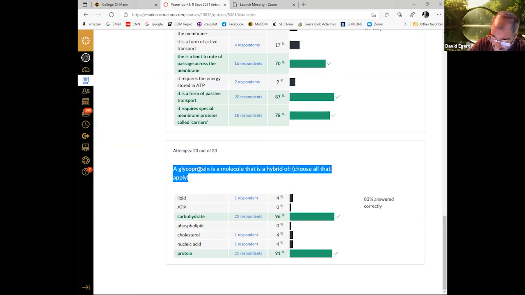In fact, I should mention a term. I think I put it in the study guide, and if I don't actually mention it in class, everyone's going to ask me, what is this thing on the study guide? This idea of the glycocalyx. Glyco, sugar.